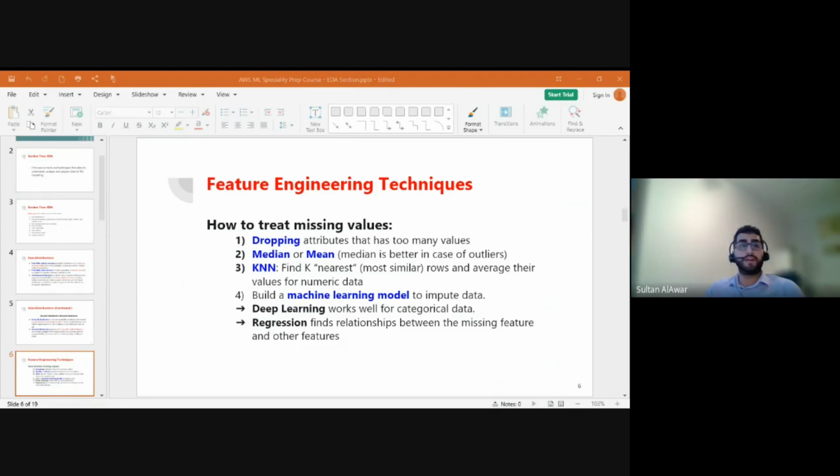The third strategy that we can think of when treating missing values is KNN, or K nearest neighbors, where we can find the K nearest, most similar rows and average their values for numeric data. And the fourth strategy that we can use is to build a machine learning model in the feature engineering stage to impute this missing data.